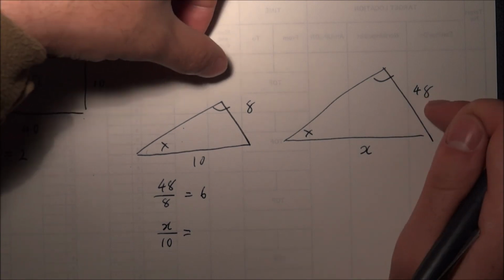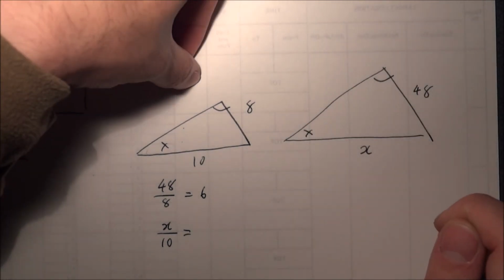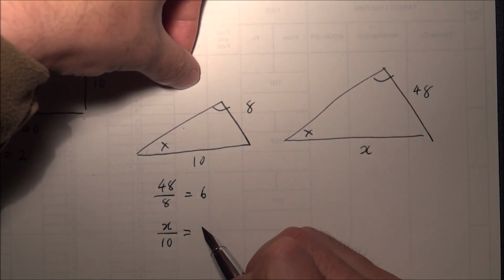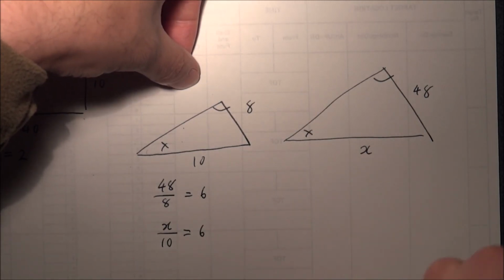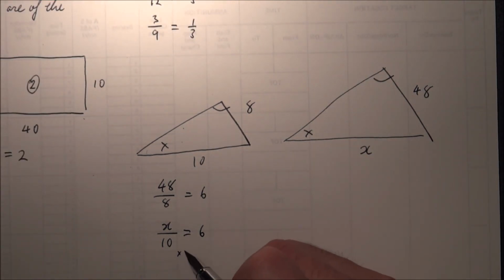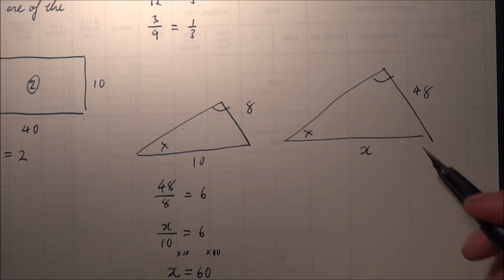So the ratio between this side and this side should be the same as the ratio between this side and this side. So it should also equal 6. And as we do when solving equations, we multiply both sides by 10, and we end up with x equals 60. So that's pretty much it.